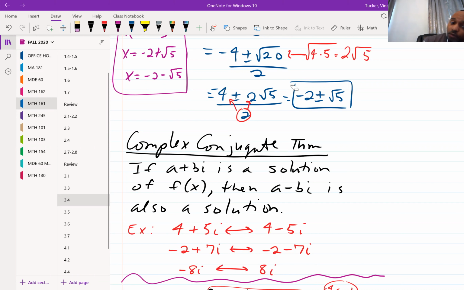So the conjugate of 4 plus 5i is 4 minus 5i, negative 2 plus 7i becomes negative 2 minus 7i, and then we have negative 8i and positive 8i. So once again, your conjugate is just the opposite sign of your imaginary. The real stays the same.